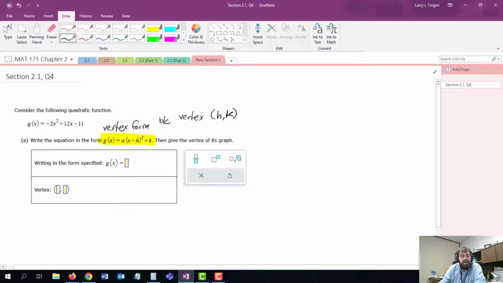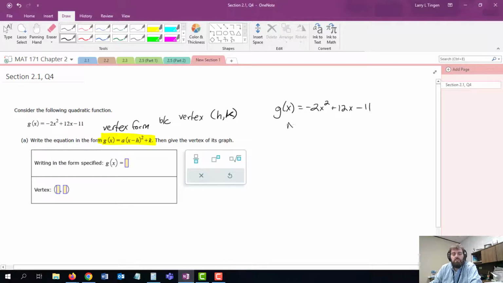So if you can find the vertex and the leading coefficient, you can rewrite a quadratic equation in vertex form. So there's two ways to do it. The way that I think everybody will like or tolerate, and then the other way.